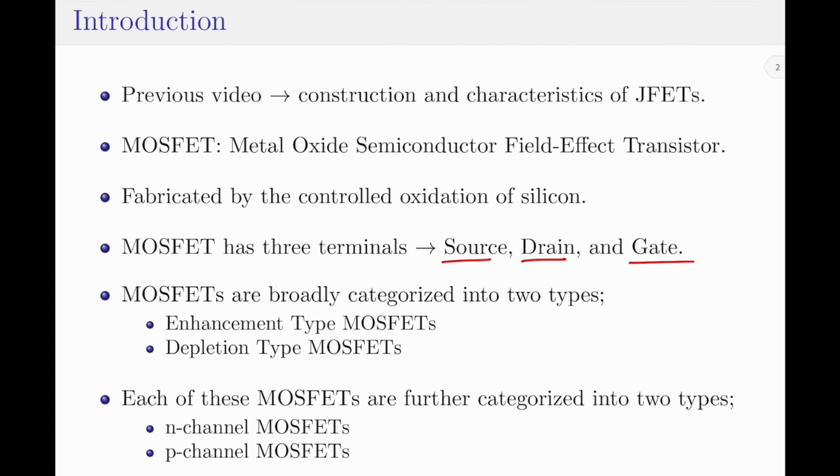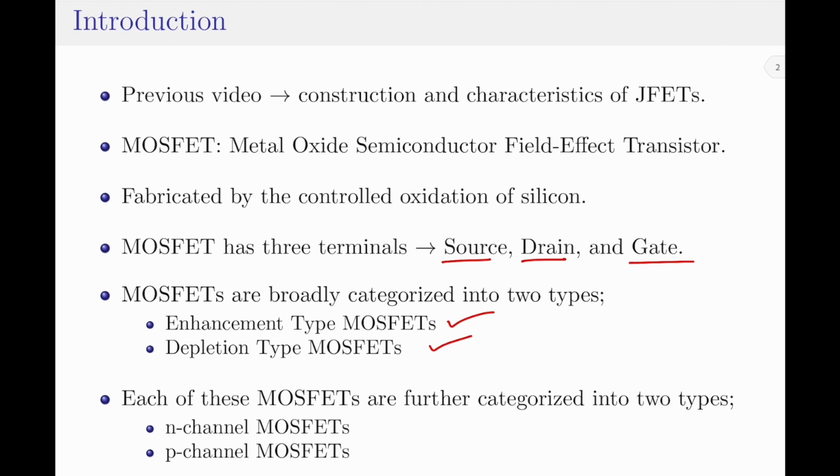MOSFETs are broadly categorized depending upon the presence or absence of the channel into two types. The first one is called the enhancement type MOSFET and the second one is called the depletion type MOSFET. The only difference between these two types of MOSFETs is the channel.